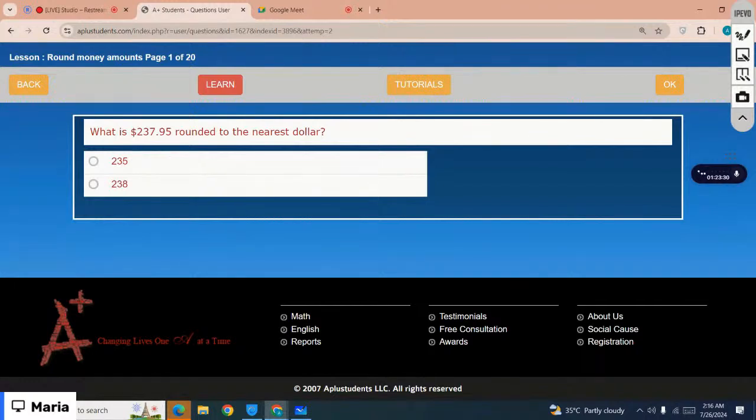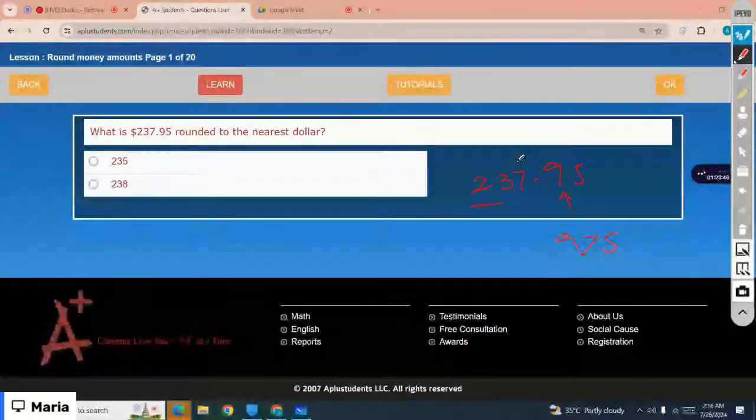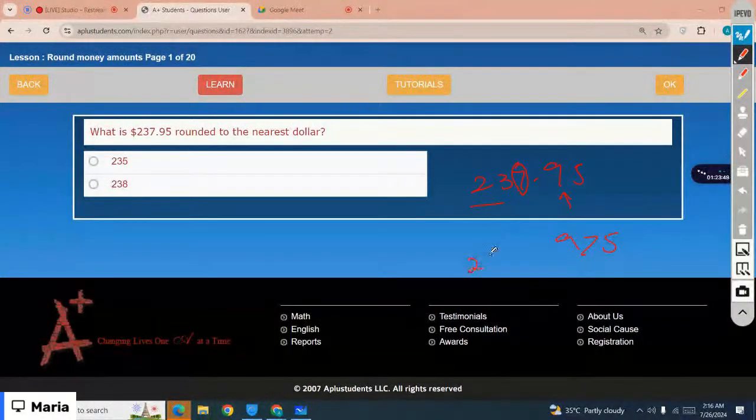In 237.95, you need to round off to the dollars. Right after the decimal point, you have 9, greater than 5, right? So round up means you need to add 1 to the digit, that is 238. So 237.95 is rounded off to 238. The correct option is 238.